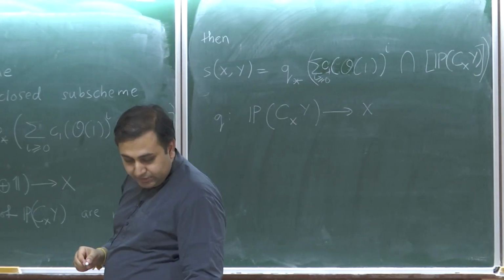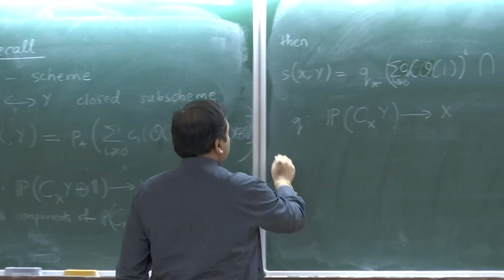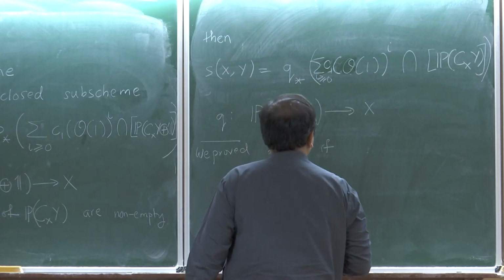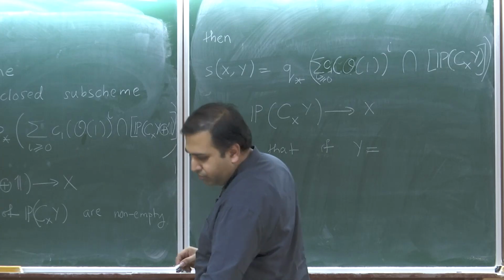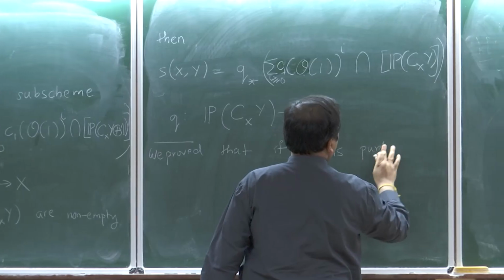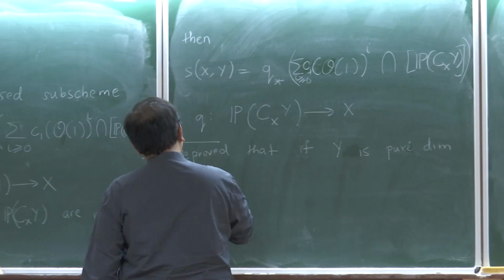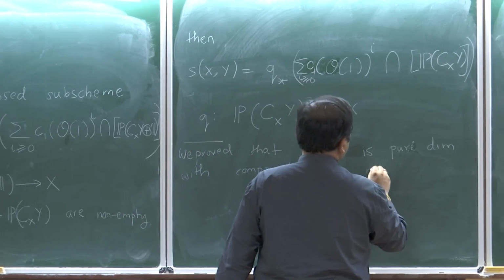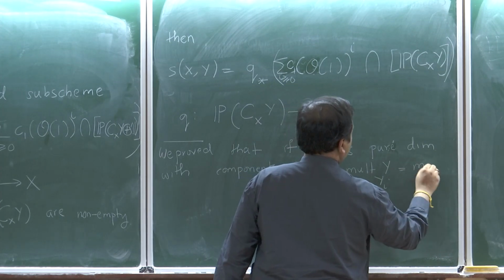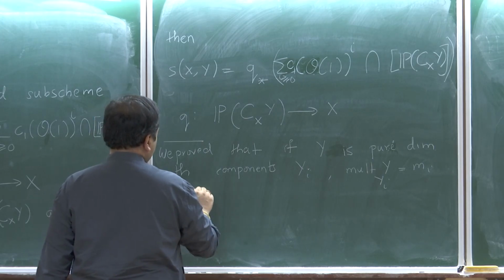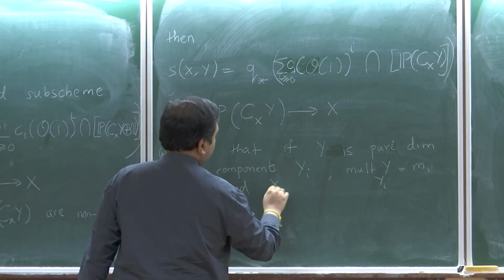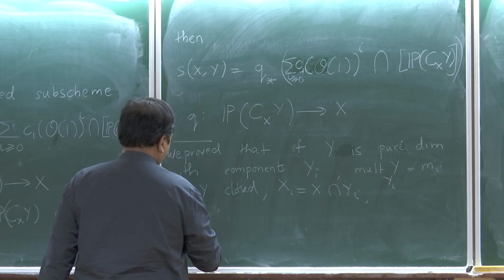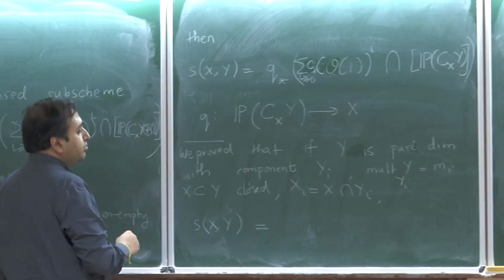So that is the definition, and we also proved that if Y is pure dimensional with components Y_i, so the multiplicity of Y at Y_i equal to m_i, and if X in Y is closed and X_i is equal to X intersection Y_i, then for the Segre class of X in Y you could basically reduce the problem to computing on each component.